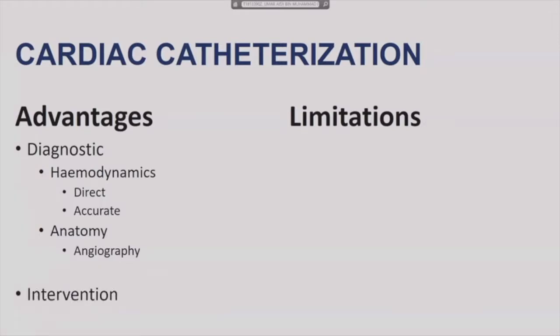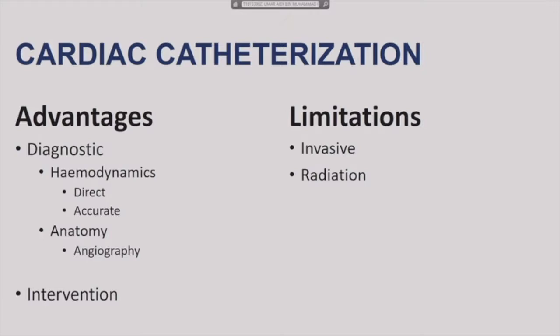Beyond just diagnostic purposes, whilst doing cardiac catheterization, it allows us to intervene should an intervention be deemed necessary prior to the planning of the imaging. Of course, it is invasive. This is one of the most limiting factors when it comes to the application of cardiac catheterization. It also involves radiation, although the dose of radiation may be quite low.